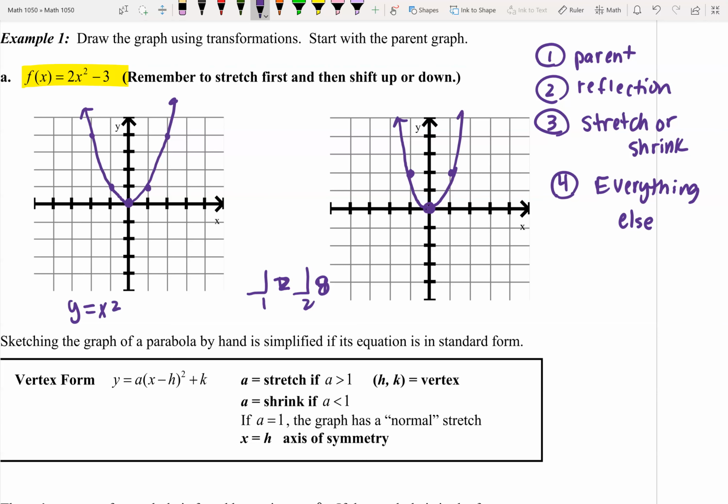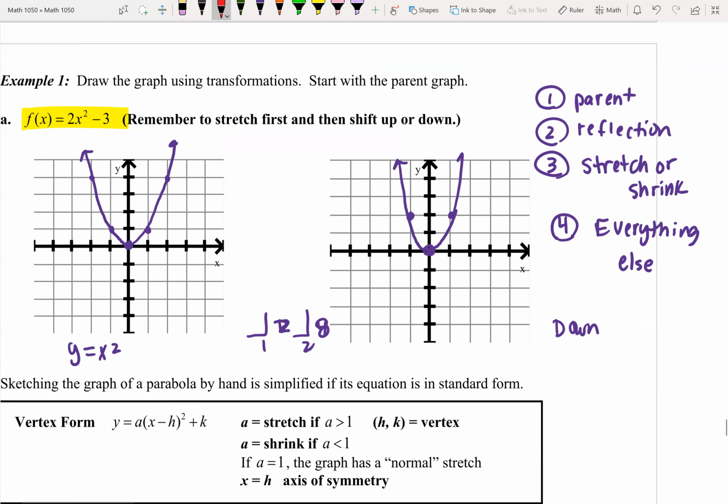Who says I understand? Okay. Talk to me about the -3. What does that do? Down 3. Now, normally I'll give you a separate grid. Okay, I didn't. It's okay. We'll just do it on the same grid. Okay, so I'm going to go down 3, make a dot, and then the stretch is 2.